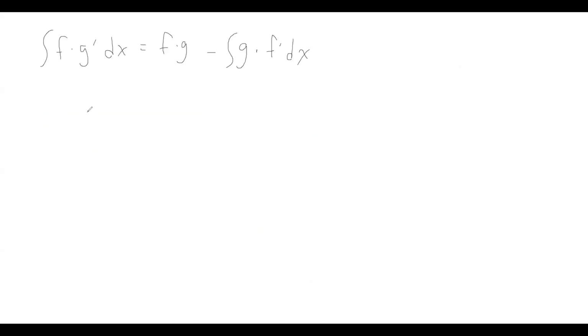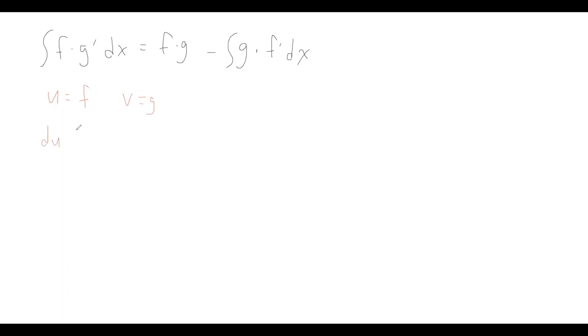Okay, so this is what we had from our last page. To make this a little easier to work with, we're going to introduce u and v. So function f is going to be u, and g is going to be v. This is kind of like substitution. So I'm going to let u be f and v be g.